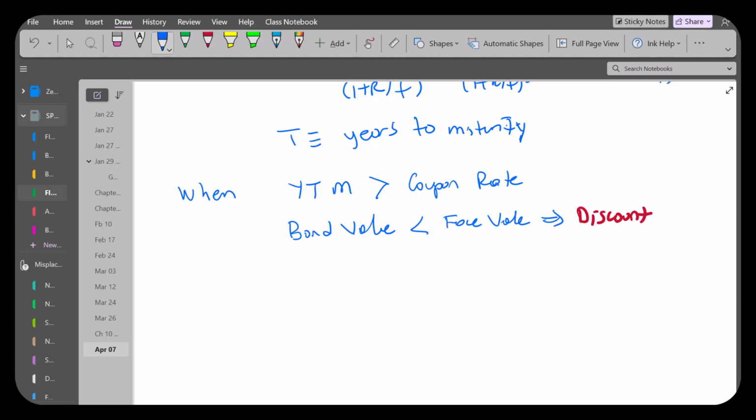And when YTM is less than the coupon rate, bond value is greater than face value, hence that's going to be a premium bond.